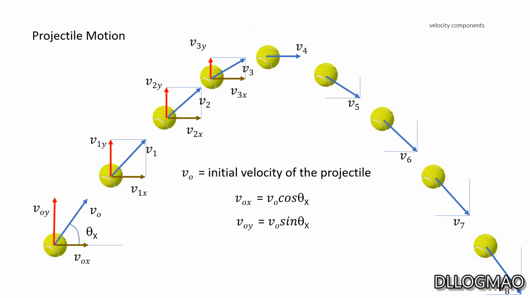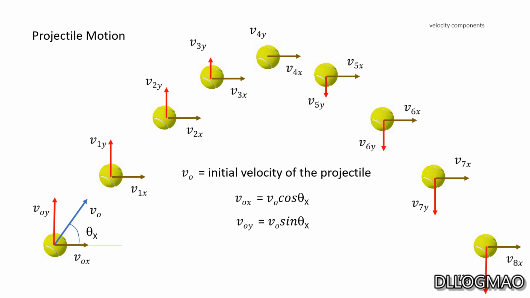Notice that there is no y component at v sub 4. This is the highest point reached by the projectile. And these are the x and y components of v sub 5, v sub 6, v sub 7, and v sub 8.